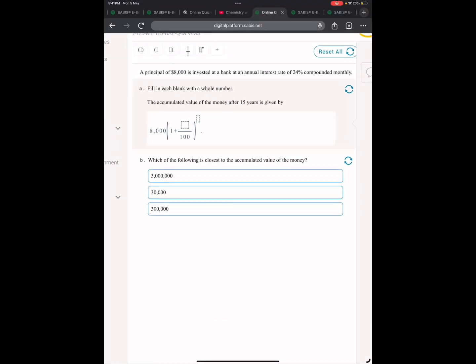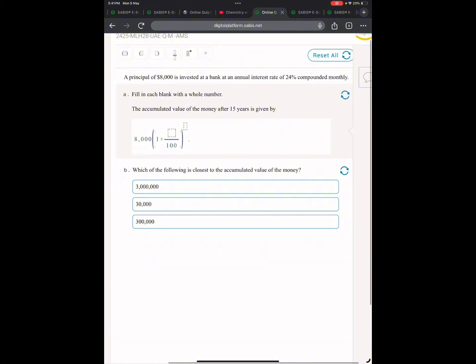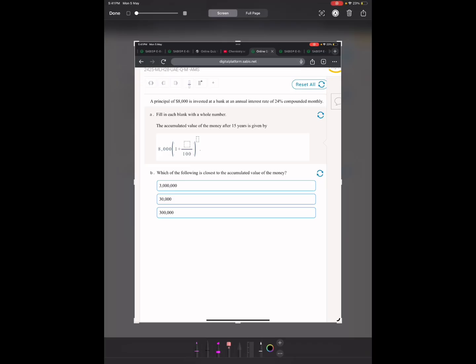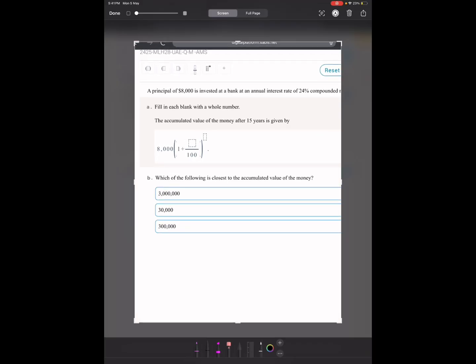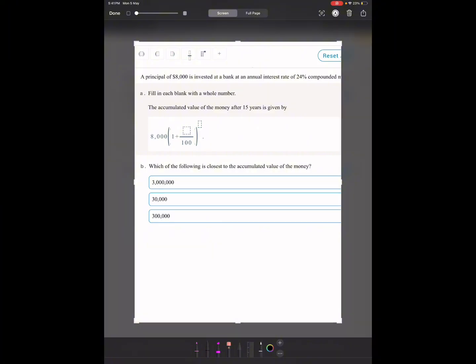I actually skipped the arithmetic and geometric progressions because they're too easy. You just apply the formulas and that's it. Anyways, when they say annual interest rate, we're going to be using the formula, which is P0 times 1 plus the rate over 100 to the power of n equals P5.